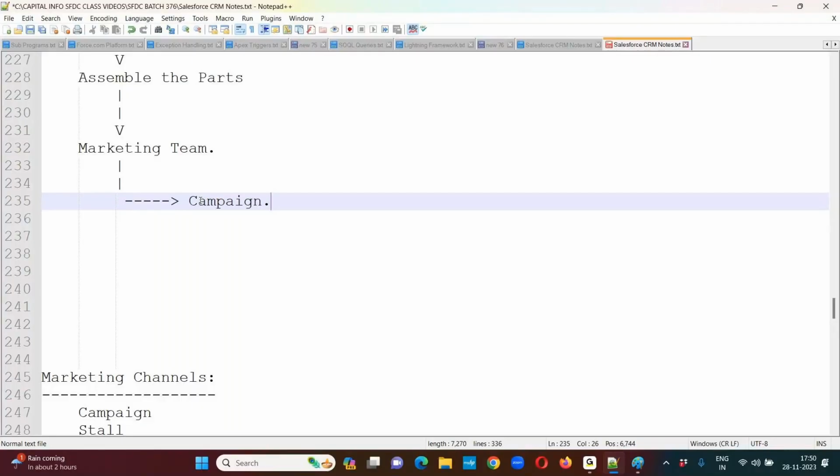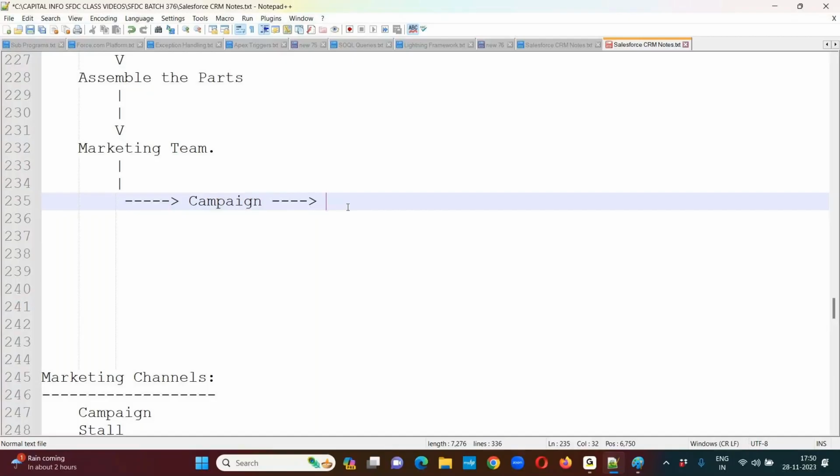Today Dell people want to conduct a campaign to promote their latest models of laptops, desktops, mobiles, projectors, printers, and everything, because recently they have invented some latest models of products with new designs and new features. Regarding those products they would like to conduct a new campaign in Hyderabad.